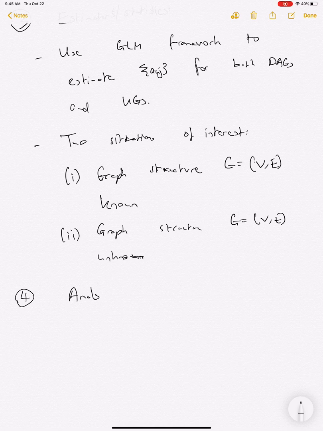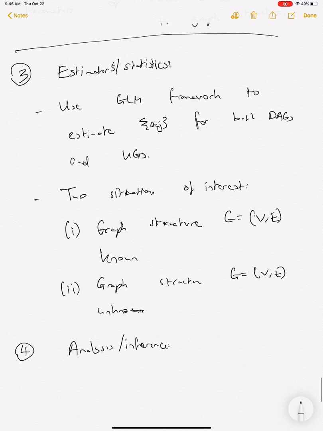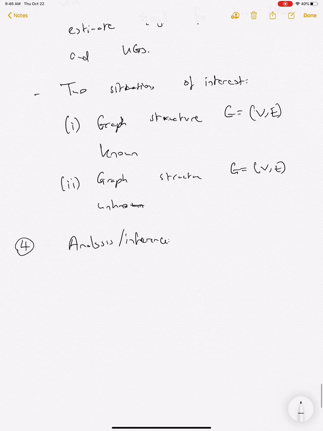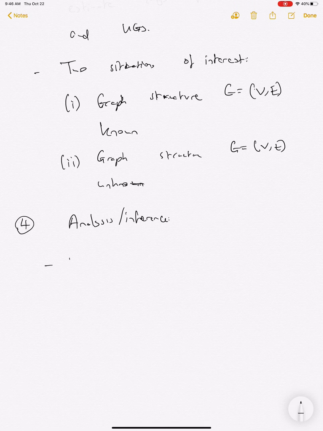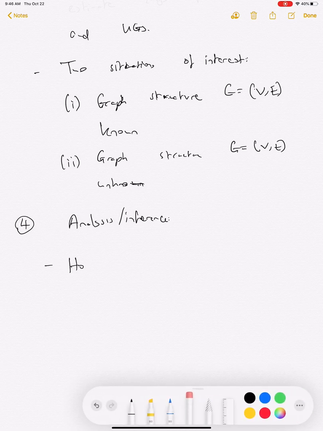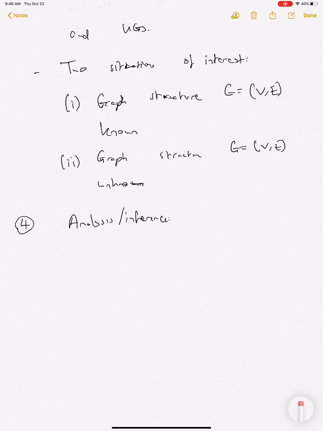And then the final component of analysis or inference is, so there's really two questions. How close are the estimated AKJ to the true AKJ?